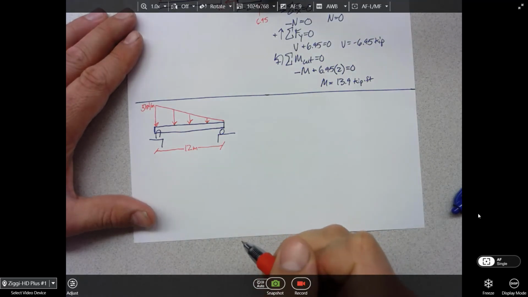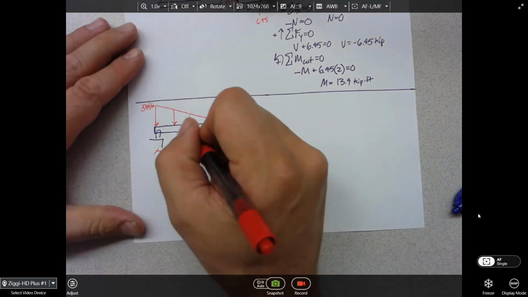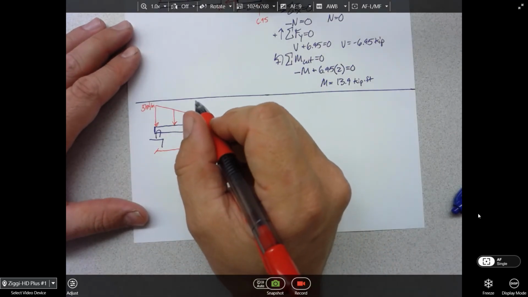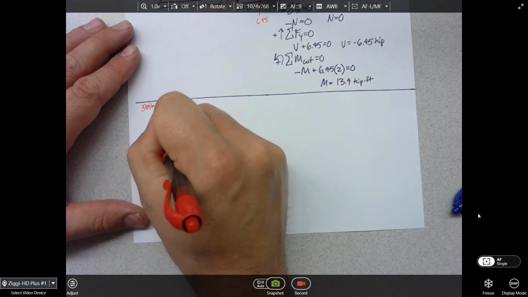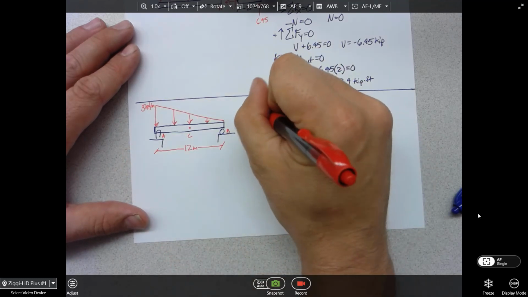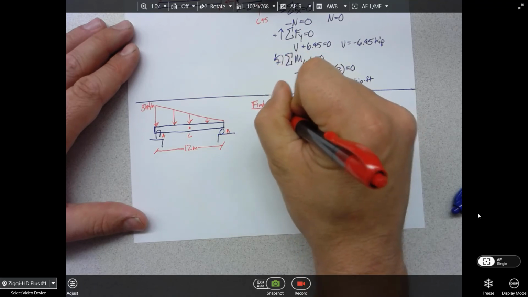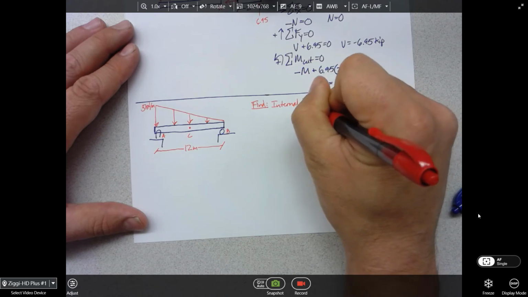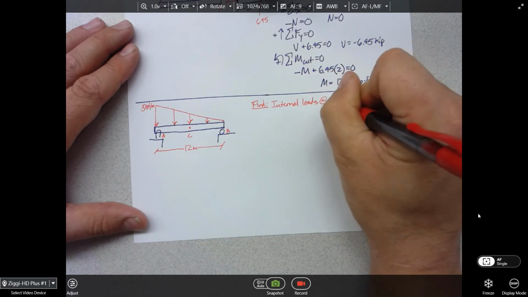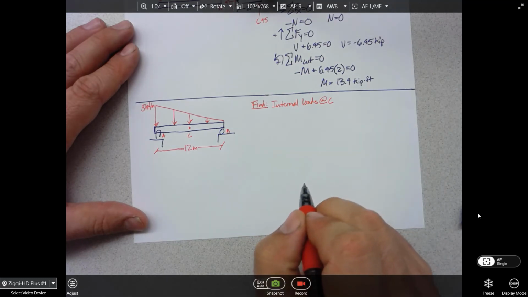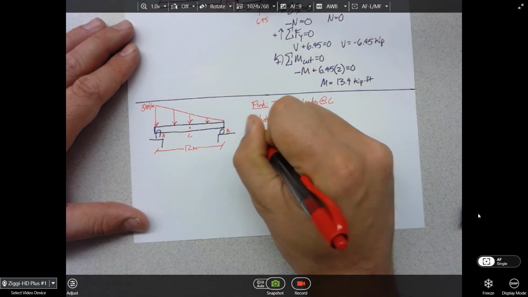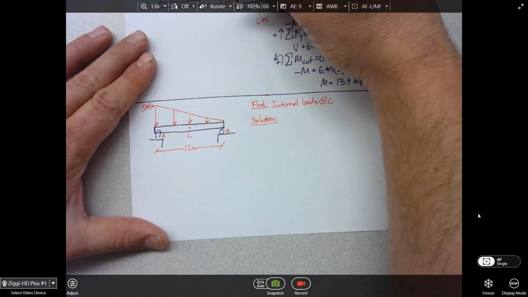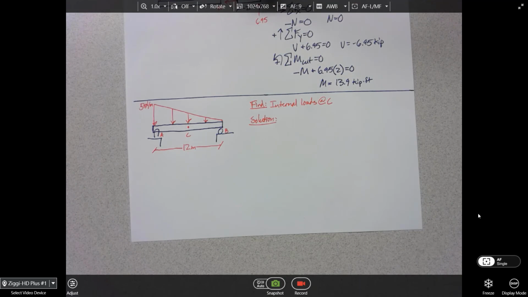What is that, 5 kilonewtons per meter? You got this?